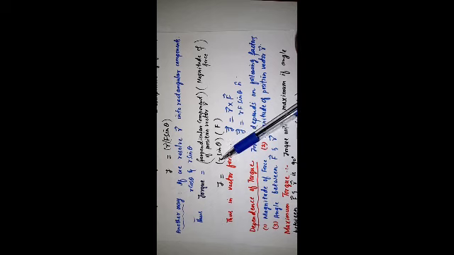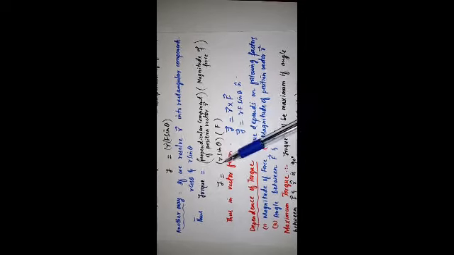When this situation is there, we can write torque in vector form, which we know, A cross B is equal to AB sine theta, like these vectors.